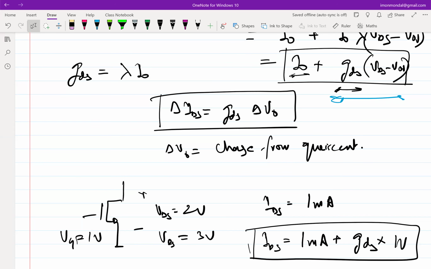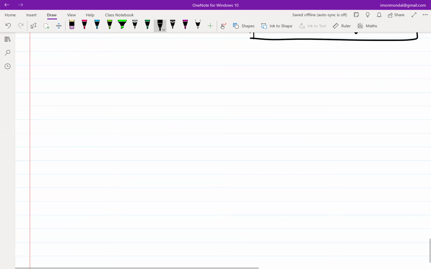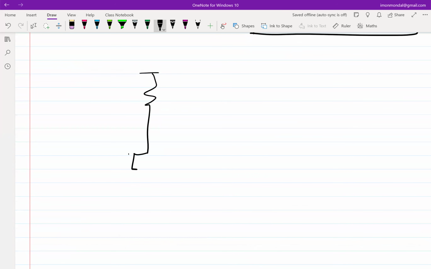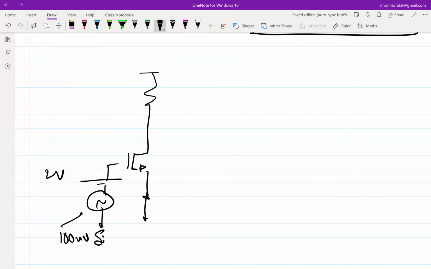So again, think about it this way. The question she's asking is, it seems like a problem because we are finding the small signal parameter at a certain point, and the point changes, and we are still using the same old small signal parameter. But if that were an issue, then we shouldn't have been able to do this till now. So let's say this is 2 volt, and this goes 100 millivolts sin omega t.